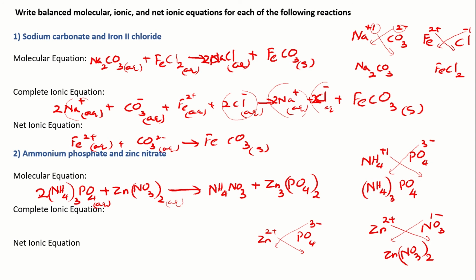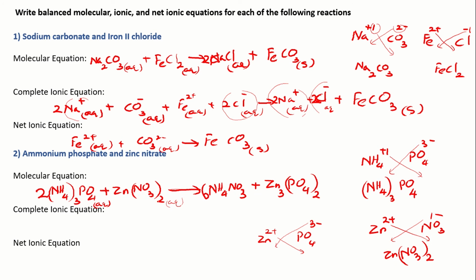That gives me 2 phosphates, but now I'm going to end up with 2 into 3, 6 ammoniums. I need 6 ammoniums, so I'm going to put the coefficient 6 for ammonium. Now I got 6 ammonium, that results in 6 nitrates. I have 6 nitrates on the product side, so I should have 6 nitrates on the reactant side as well.